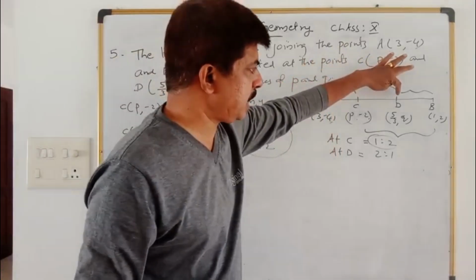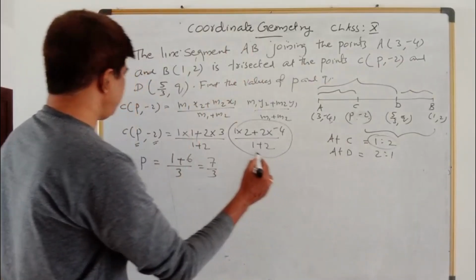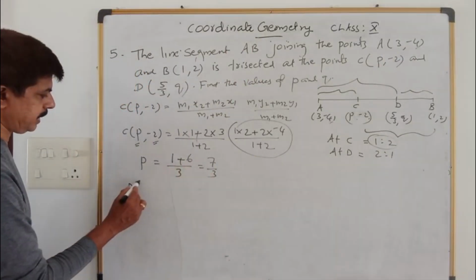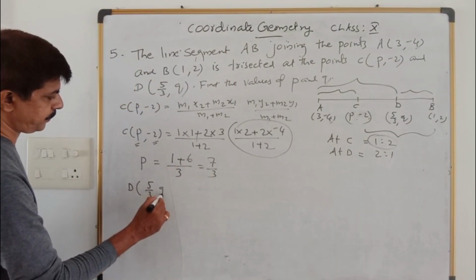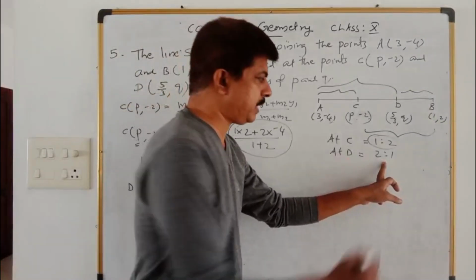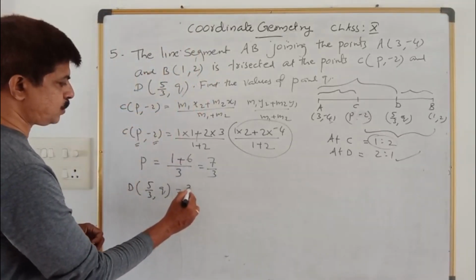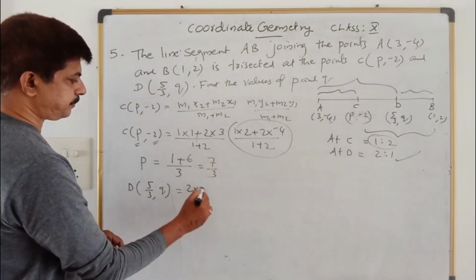Now again considering the point D, we apply the section formula. But when we consider the point D, once again the ratio is changed. That time the ratio is 2:1. So m1 is 2, x2 same.